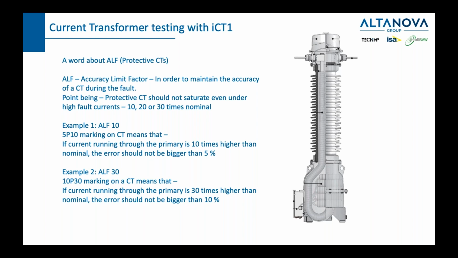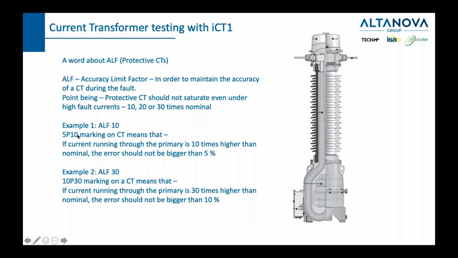So the best way to explain this would be using an example. Here we have example 1 where ALF is 10. So when you see a CT, and if it's a protective CT, you will see something like 5P10 or 10P30 or 5P20. Let me explain what this means. P stands for protection, 5 stands for percentage, and 10 is this.